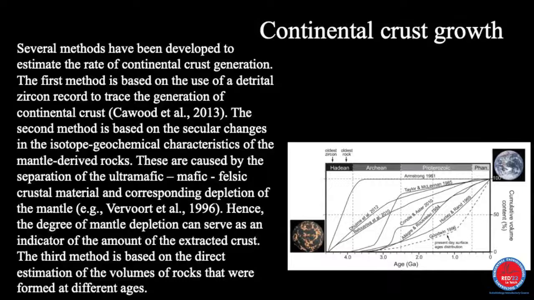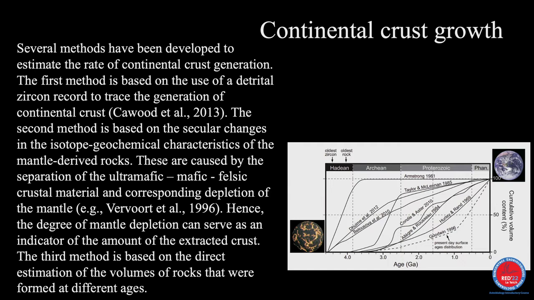We call this mantle depletion. So measuring the mantle signature, we also may tell something about how much crust was extracted from the mantle. The third method is to use a direct estimation of the volumes of the rocks that formed throughout the Earth's history. In the lecture today, we will concentrate on the first and second possibilities, so maybe the third one next time.